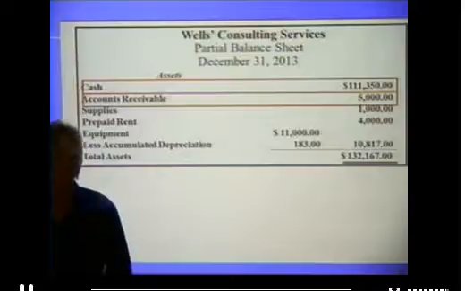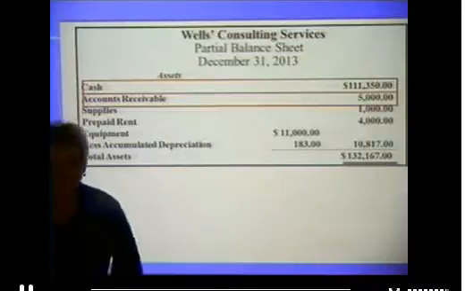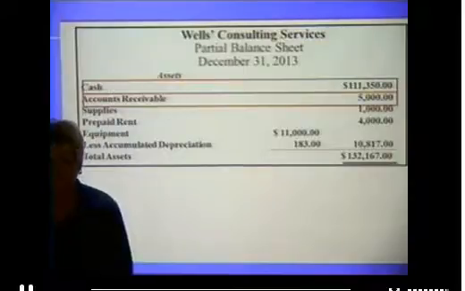So if he asked how much cash he had, where's he going to find that? No. Owner's equity doesn't show cash, neither does the income statement. Where does your cash account balance show up when you're showing statements to the owner? Where do you find it?